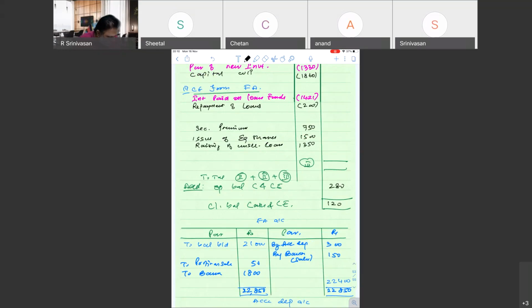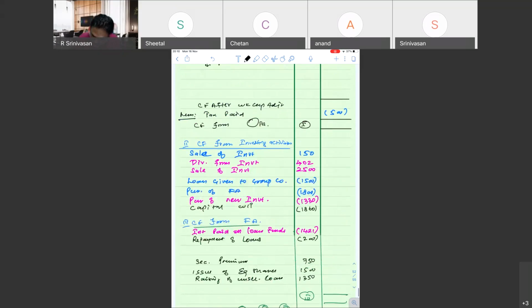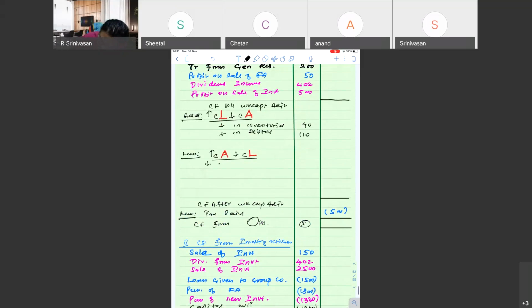Okay. Loans we already taken. Advance tax was 0, 0. And the creditors 1,200, 1,050, so this is decrease in creditors.